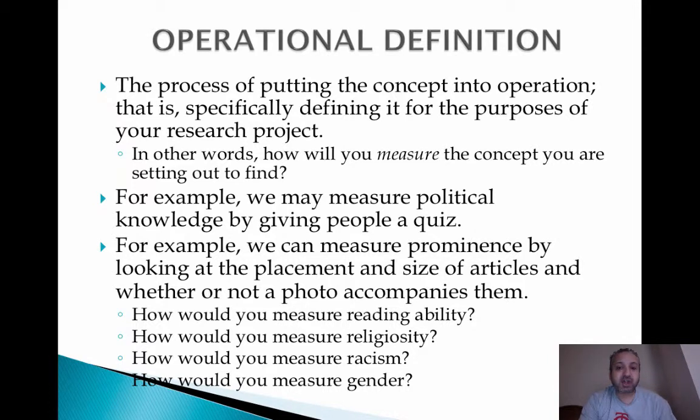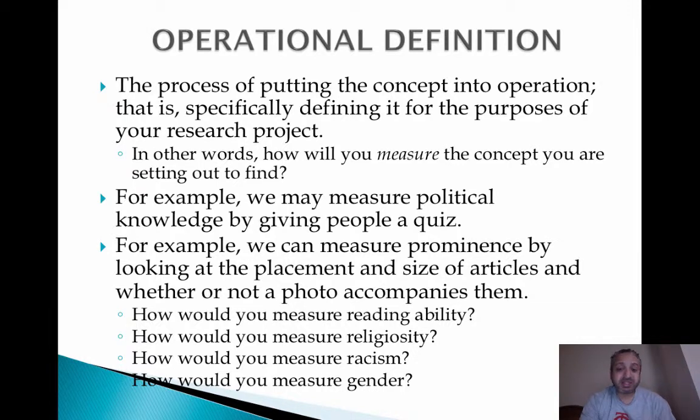I might also look at, is there a photograph accompanying the article? Because usually newspapers, if there are really important articles, they'll send a photographer out and take a picture. And so they'll have photographs accompanying the most important stories in their newspaper. So there are three different things that I can look at to measure prominence.